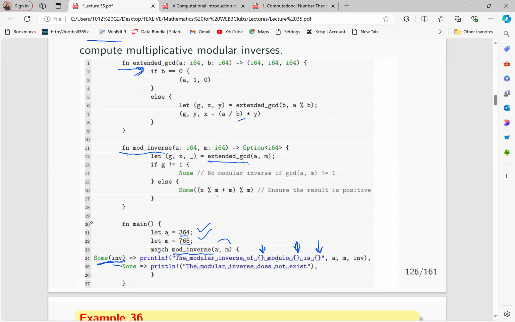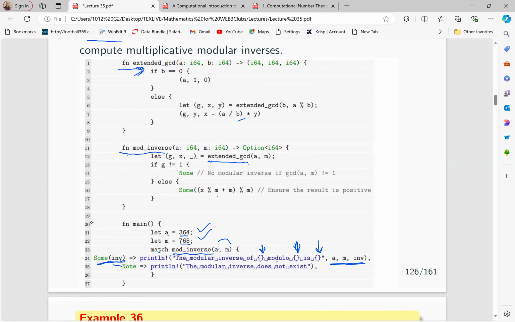So if there is some inverse, then it will print the modular inverse of a modulo m is, and you can see that here. So the first bracket is a, the second bracket is m, and then finally we have the inverse.